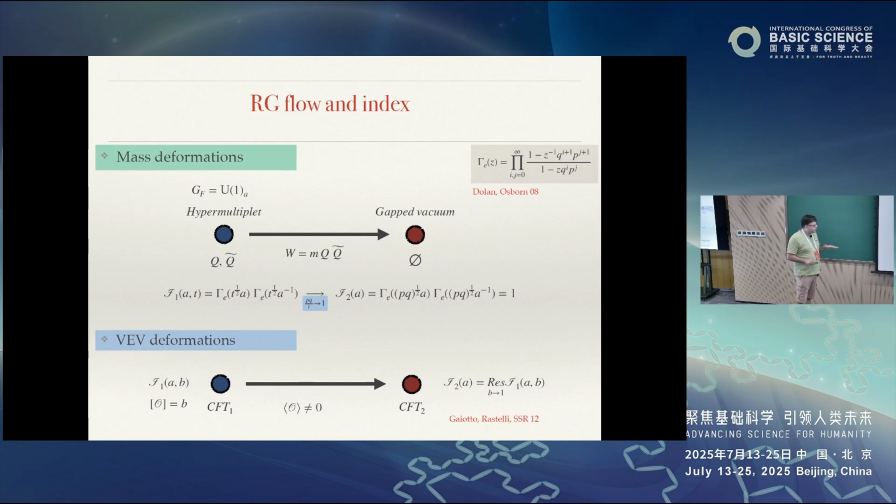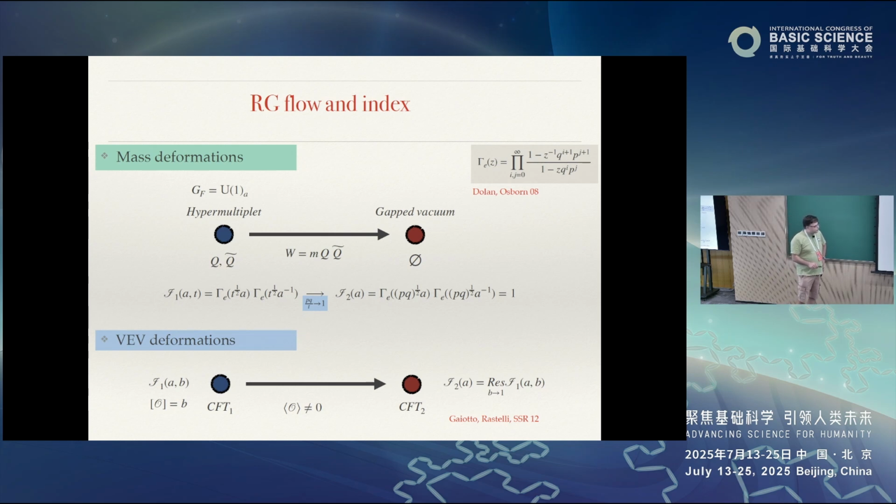Say you have an operator O, which parameterizes a moduli space, and you want to turn on a vacuum expectation value for that operator, and say that operator contributes to the index in the UV with some weight B, then necessarily there is a 1 over 1 minus B term in the index. There is a pole in the index because you can take any power of this operator. There is no chiral ring relation for that operator for it to parameterize a direction in a moduli space.